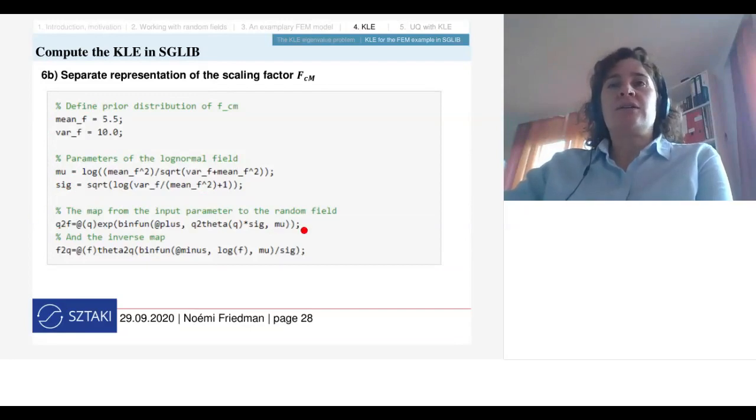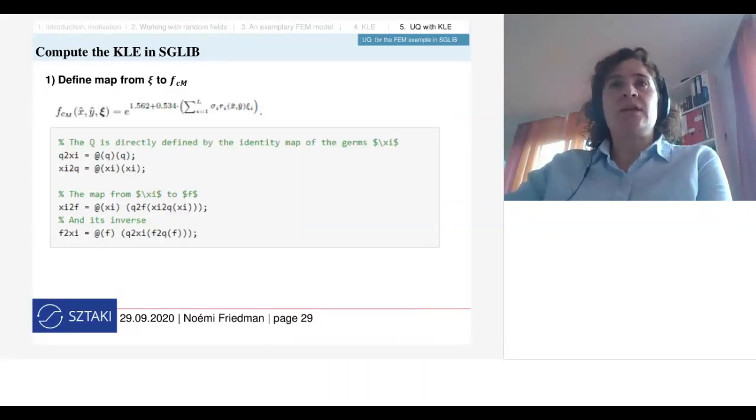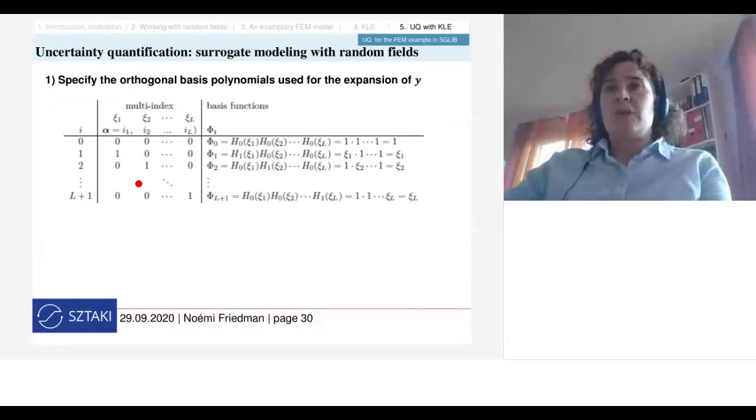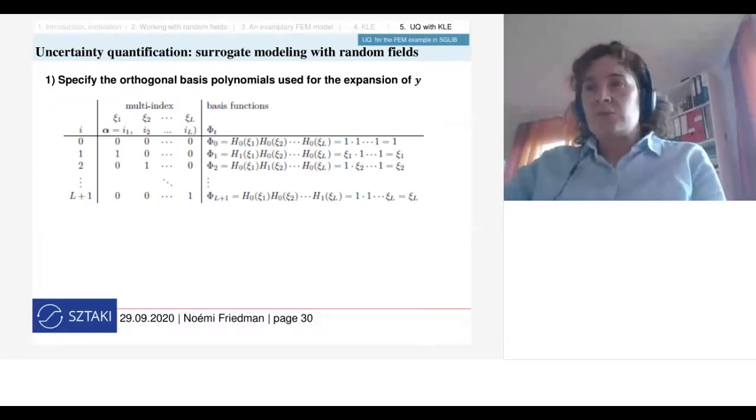And then I can use the exponential function to map the Q value to this scaling factor through the theta. Okay, and the other way around. So these are all these descriptions of the different maps.